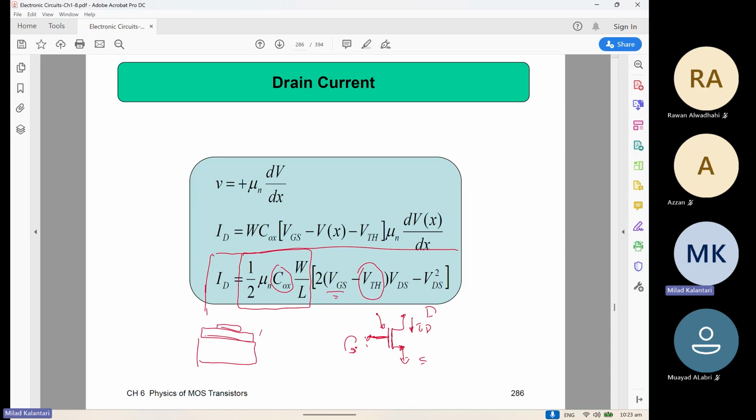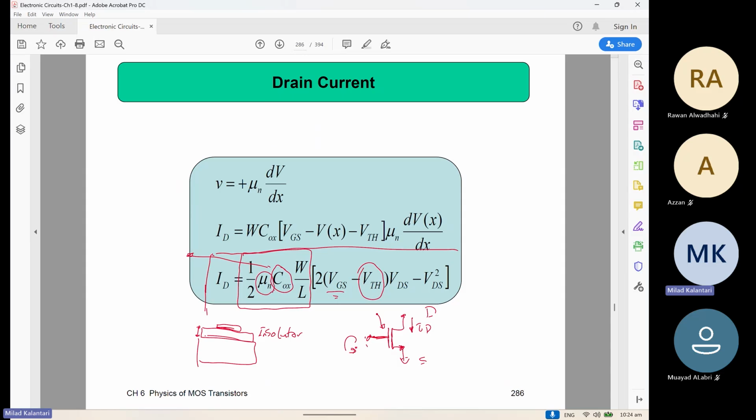If you remember, there was an insulator here, right? We can control the thickness of this insulator to change the cap density. So it depends on the physical thickness of this oxide, right? This is something that the process designer is controlling.